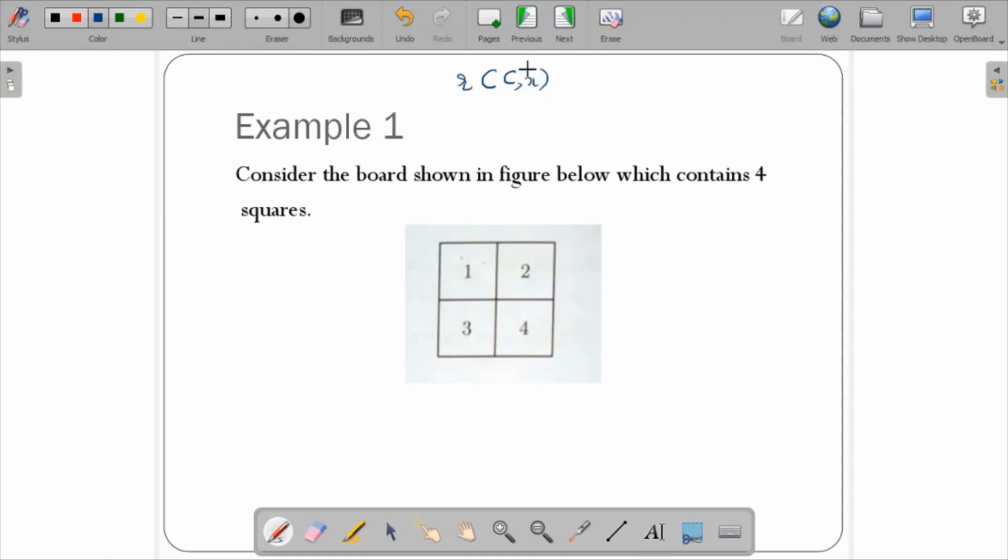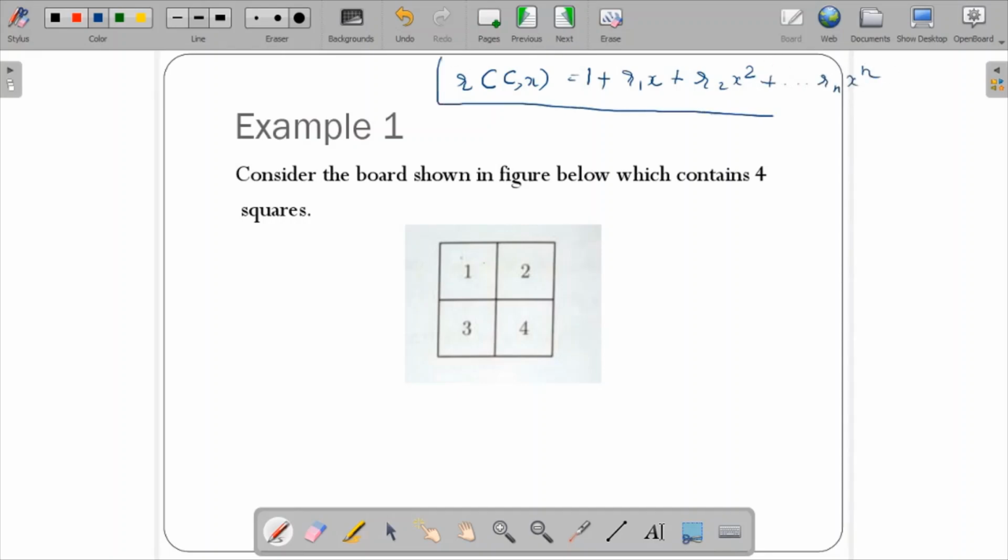If the board is given the name C, then R of C of x would be 1 plus R1 of x plus R2 of x square, and so on till Rn x to the power n.